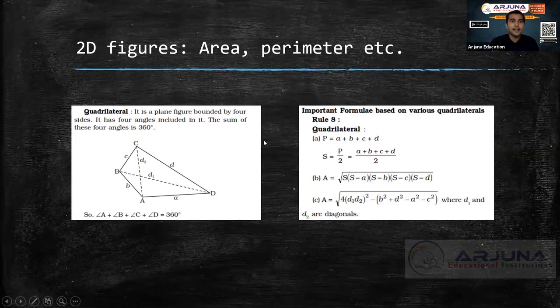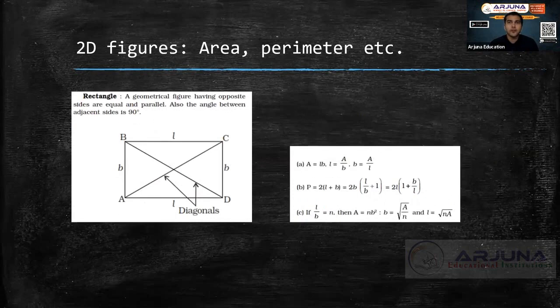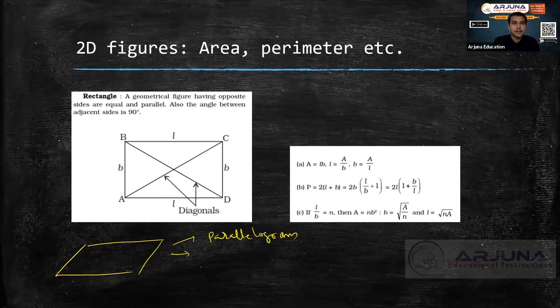This is about quadrilateral, and in quadrilateral there are different types. So you have rectangle, then parallelogram. What exactly determines which type it is? In parallelogram there are four types: a simple parallelogram, or a rectangle, or a rhombus, or a square.